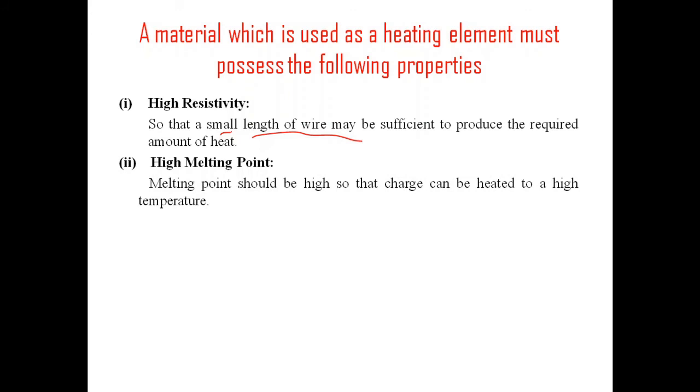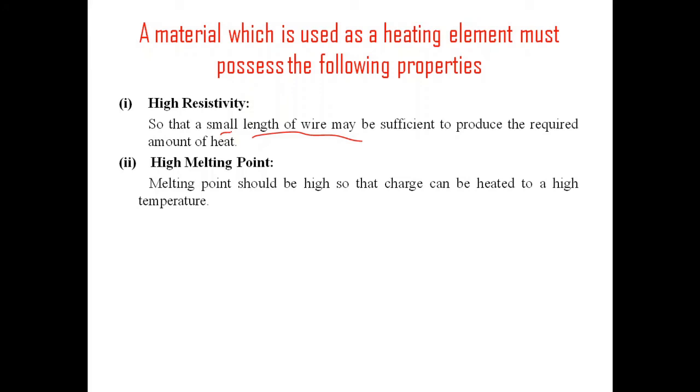In some cases, say for example, I want to heat some steel and I want the temperature up to 1000 degrees Celsius, right? So in order to heat that steel, I want to go for an indirect resistance heating, where the wire which you are going to use, in which the current is flowed, should maintain that 1000 degrees Celsius, and it should not get affected, it should not be melted. If that wire is melting at 1000 degrees Celsius, then it cannot produce that heat.